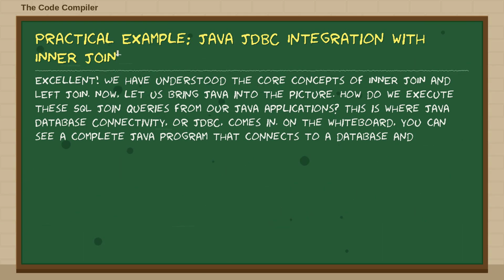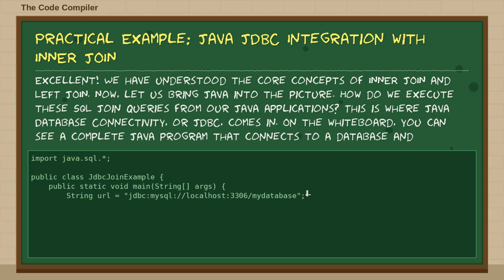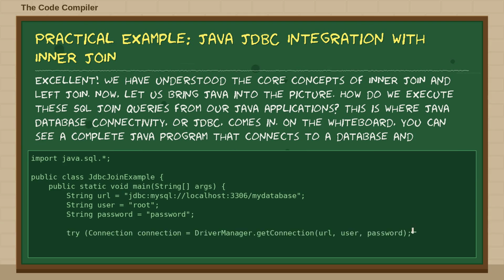For each row, we extract the student's name and course title using getString methods. This allows your Java application to dynamically retrieve and process joined data, making your applications robust and data-rich. Notice how we also handle potential SQL exceptions, which is a very important practice for robust database interactions.